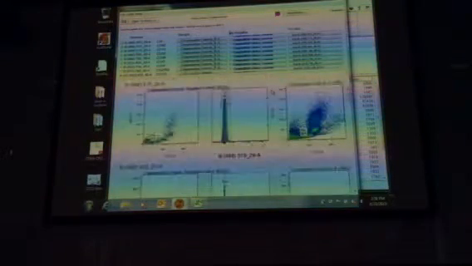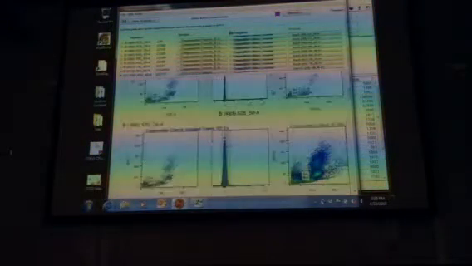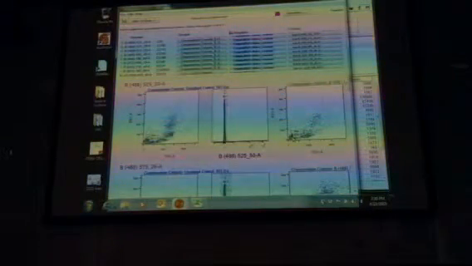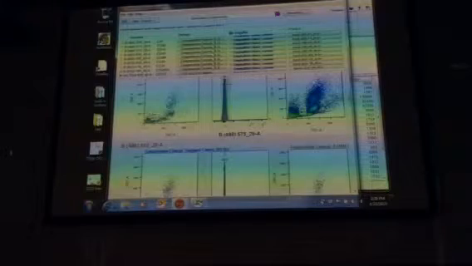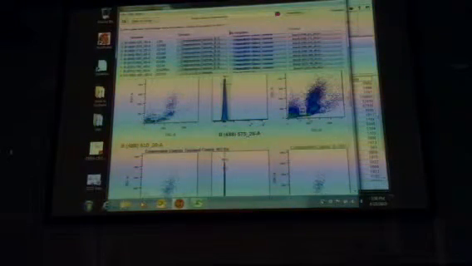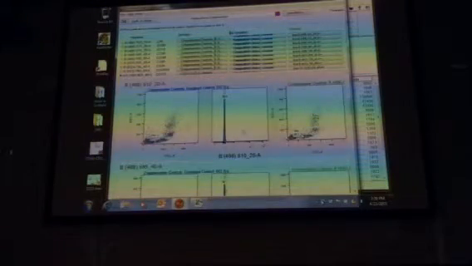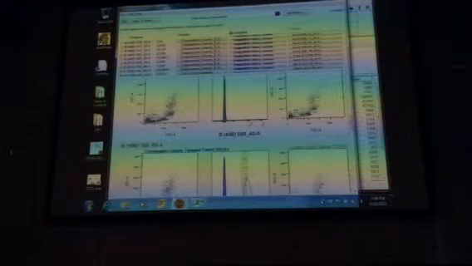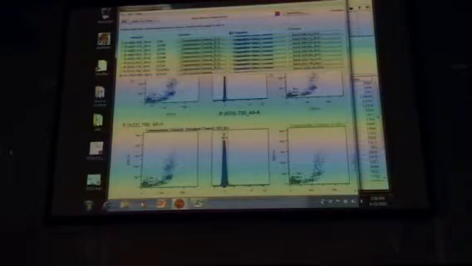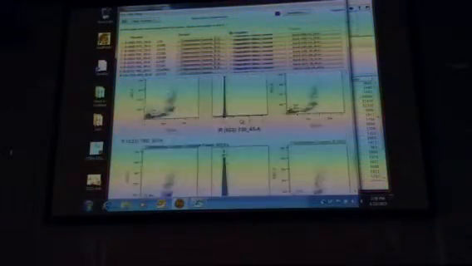Now, the problem with this is that in certain cases like this, it automatically goes in and gates upon a population of cells down here. Sometimes these are not exactly what you'd want them to be, because they're missing a whole series of populations of cells.